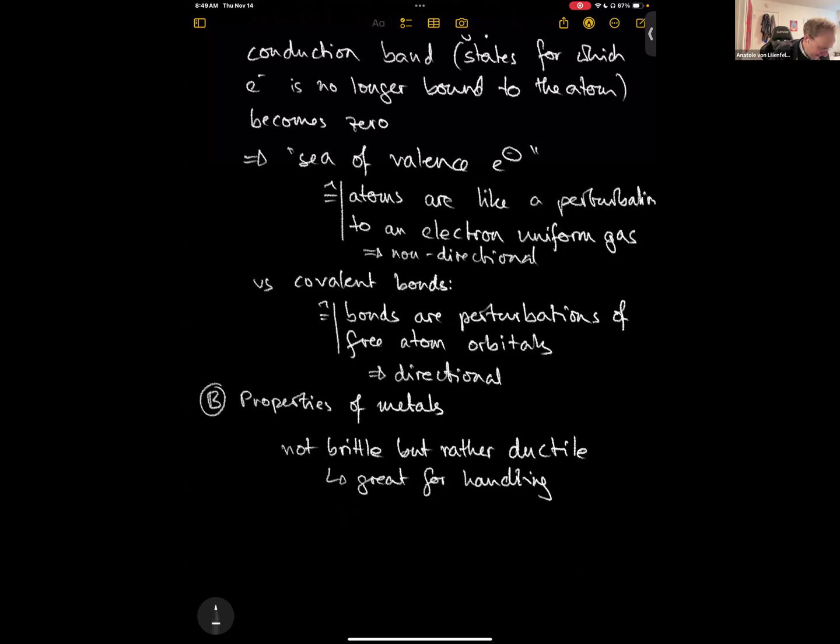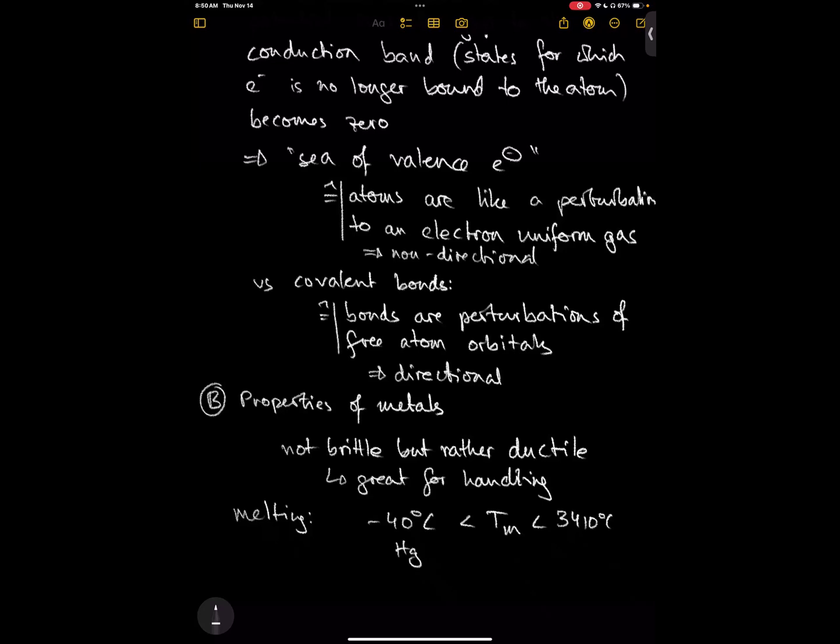And in particular, you can see this, that the melting temperature typically ranges between minus 40 degrees Celsius and up to 3,400. And this would be for mercury or for tungsten.